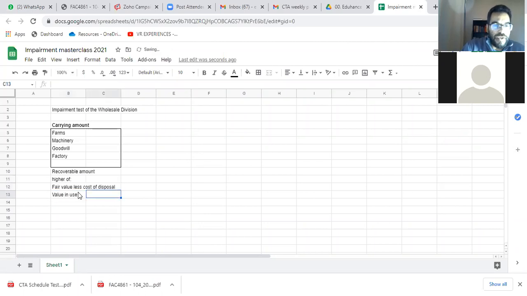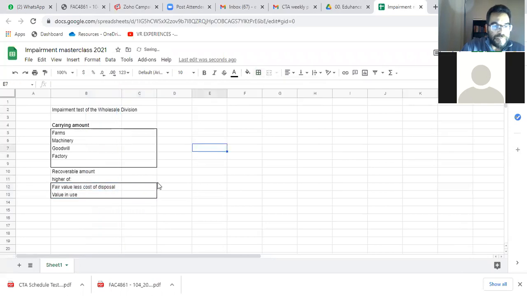Okay, so the recoverable amount is the higher of those two.